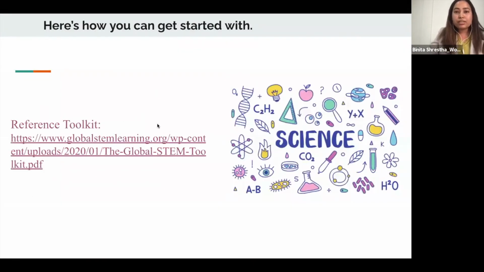So here is a reference toolkit that we have been following, and I would like my team to send it in the chat box so that you can go through it. This is the model that we have been following, and we have been using it for the adolescent girls to develop curriculums that are purely based on the 5 disciplines of STEAM.